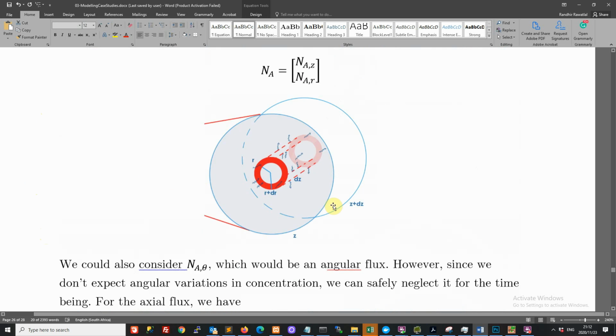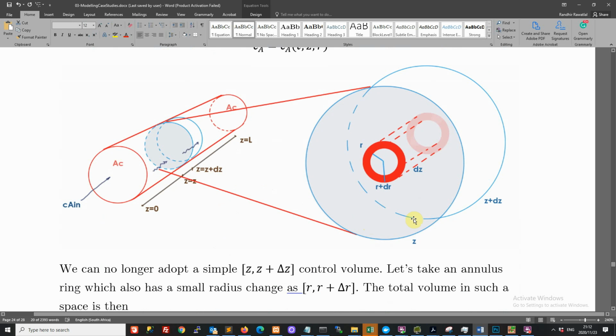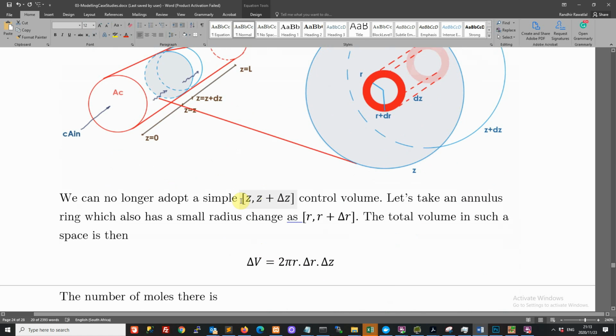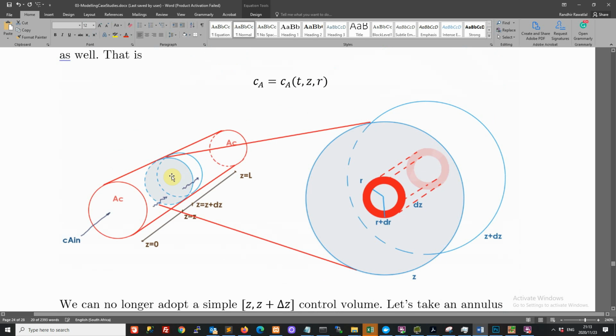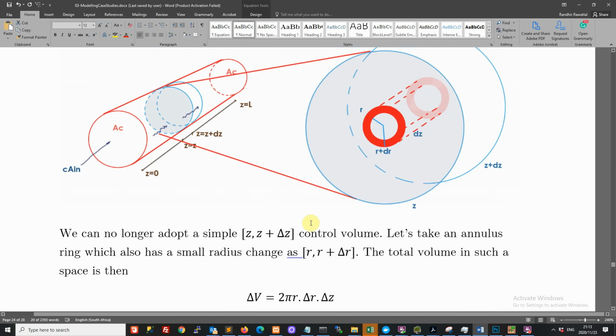Hopefully now we understand the physical picture, and it may be worth your time to pause the video and spend some time just sketching out the situation. Just imagine if you knew that the concentration was varying in these two dimensions, what kind of control volume could you come up with? Maybe just try to forget everything we've said now and try to create some volume that you could use to balance over yourself.